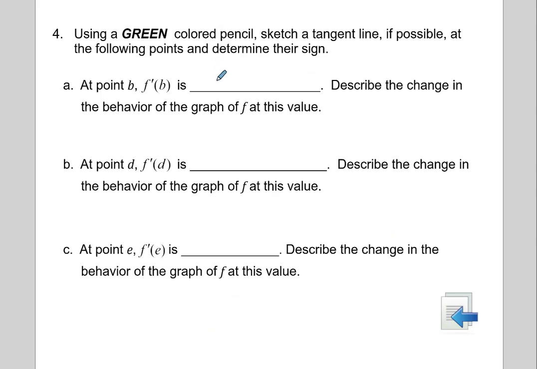So at point B, f prime is negative. And if we described the change in the behavior of the graph of the function at that value, I would say the graph is going from concave down to concave up.